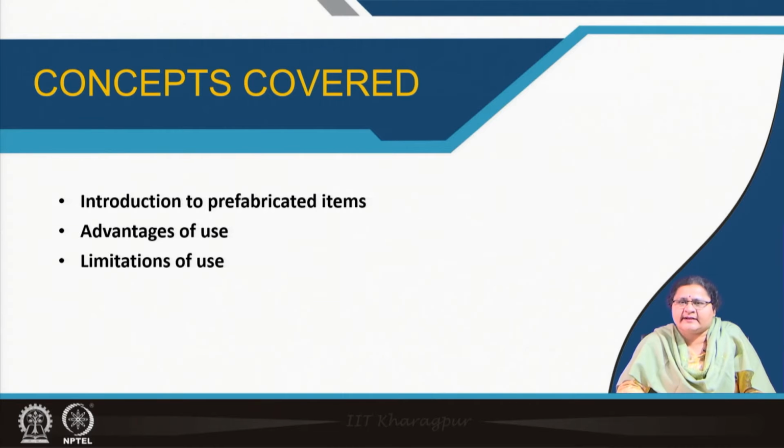You are accustomed with the term mold, so they can be made out of mold which may be used multiple times. So, many a time that mold can be used and eventually that can bring down the cost. So, in this particular module, instead of getting into the items, we will discuss more on what are prefabricated items, what are the advantages of its use and what are the limitations of its use.